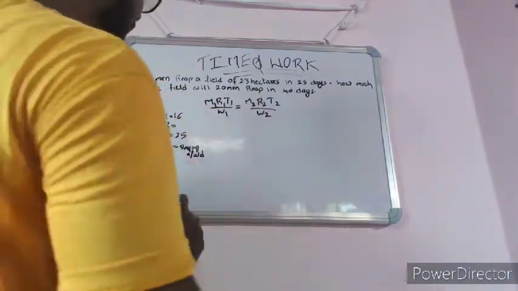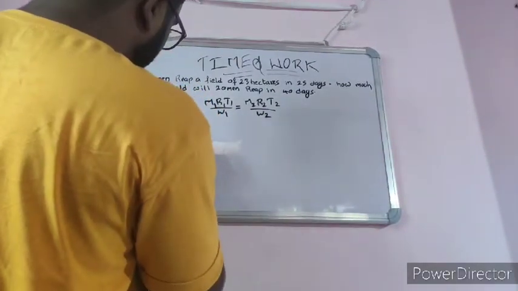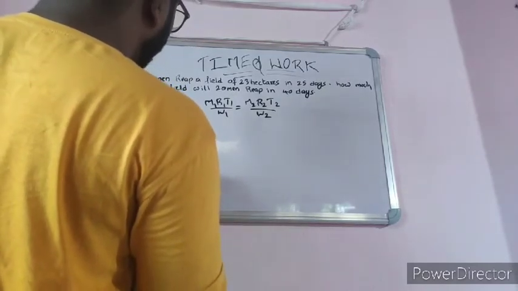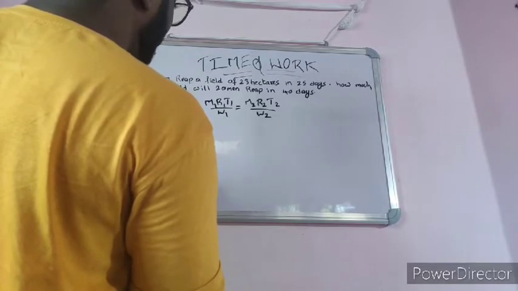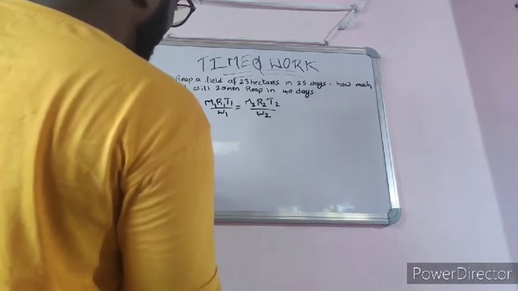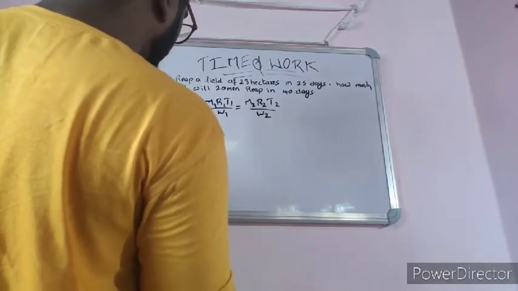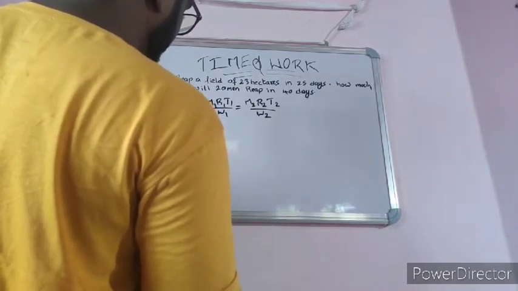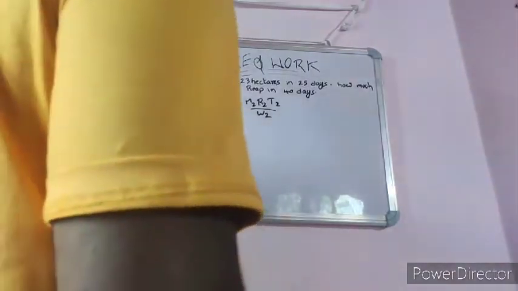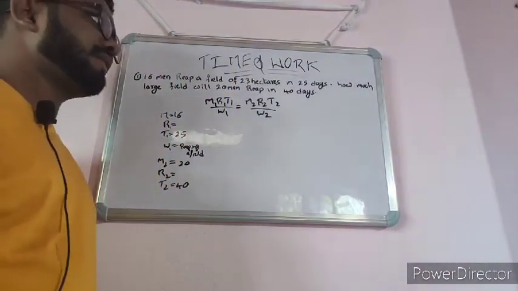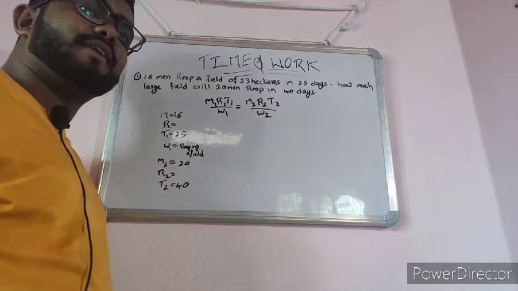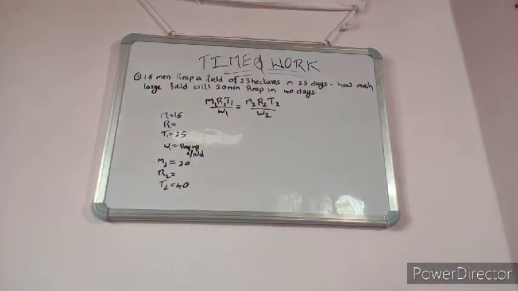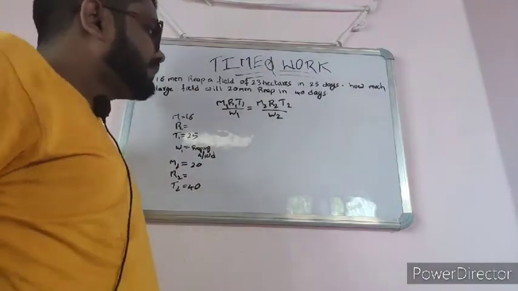Do we have M2, R2 and W2? M2 we have as 20. R2, just think what can be R2 and what can be W2. T2 is 40 days. So what did he ask? How large a field?